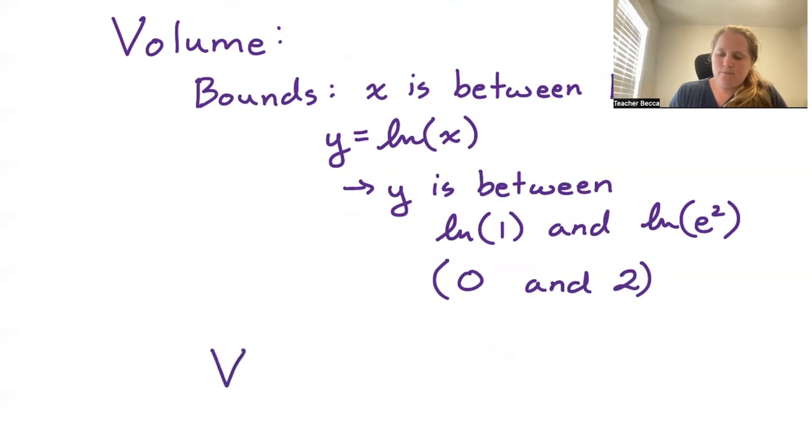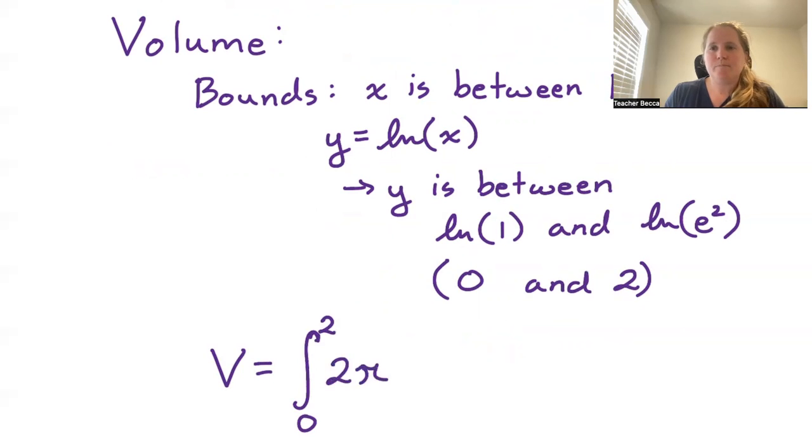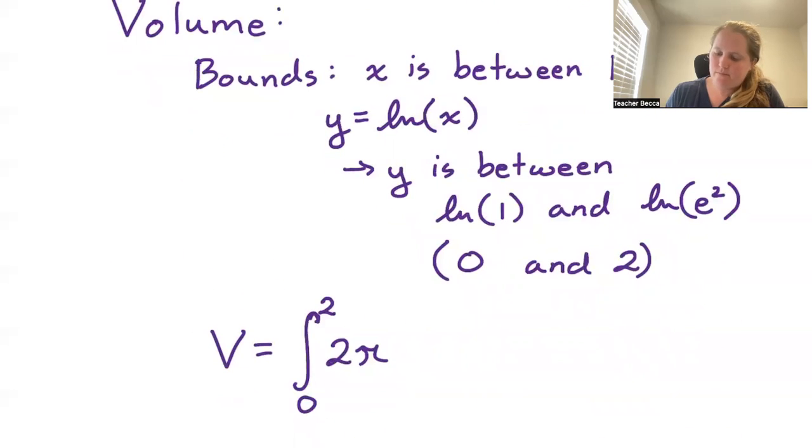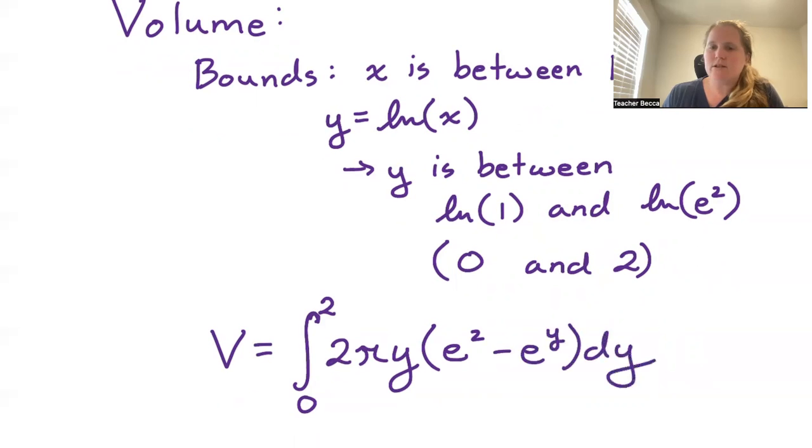So our volume will be equal to the definite integral from 0 to 2 of 2 pi times y times e squared minus e to the y dy.